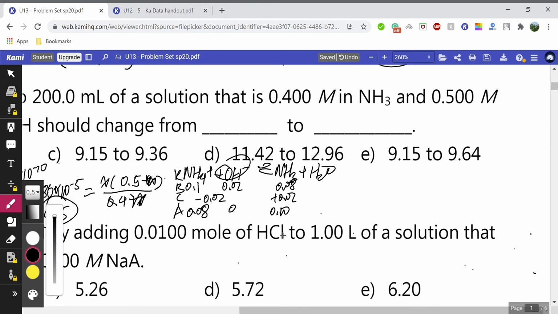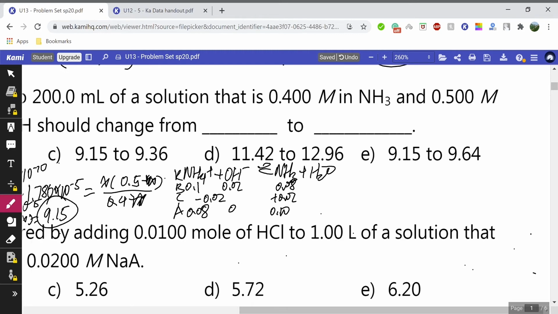So pOH is equal to pKb plus the log of the conjugate acid divided by the base.